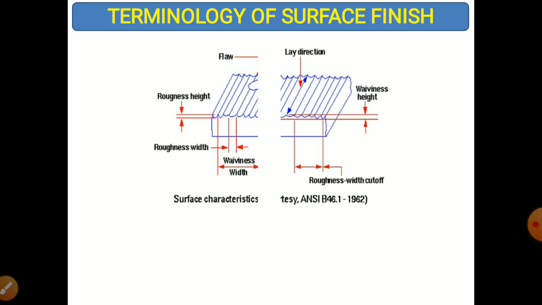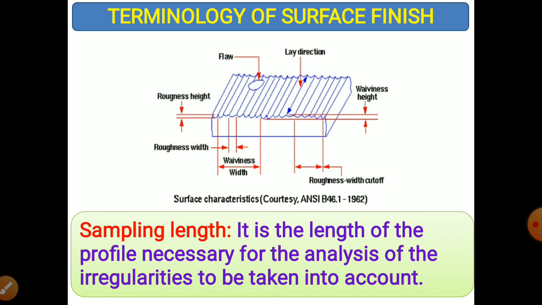But sampling length is the length of the profile necessary for analysis of the irregularities to be taken into account. That length is called the sampling length. It means the length of this workpiece, from this point to this point.